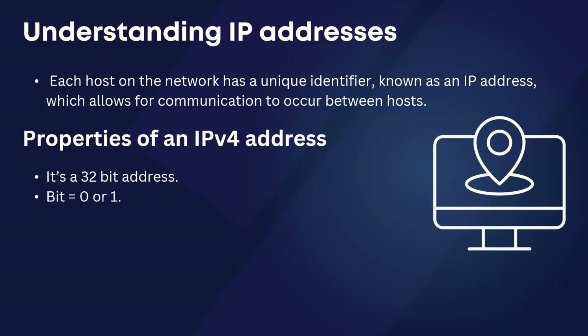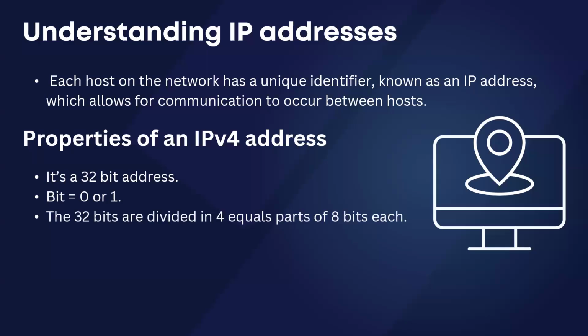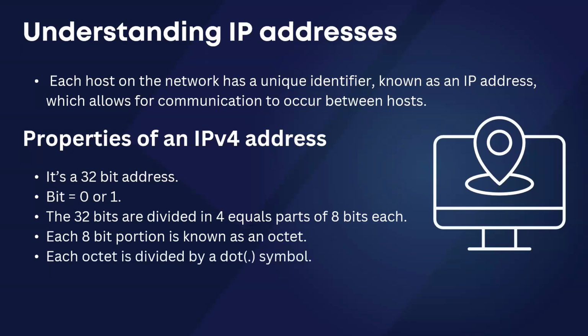It can either be the value of 0 or the value of 1. Now your IPv4 consists of 32 zeros and ones. And that entire 32-bit address is divided into 4 parts equally of 8 bits each. Each of those 8-bit portions is called an octet. Octa represents 8. And each octet is divided by a dot symbol.